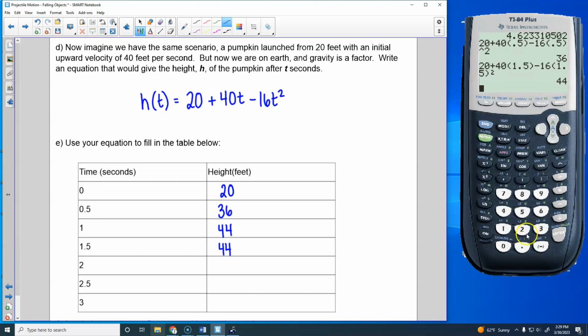Are we in space or are we not in space? We're not in space. We're on Earth. Then we've got 2. We're going to plug in 2. All right, we get 36. All right, I bet I know what we're going to get for 2.5.